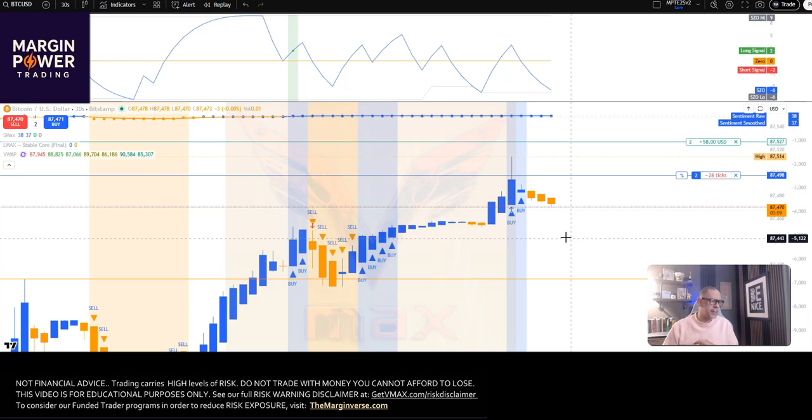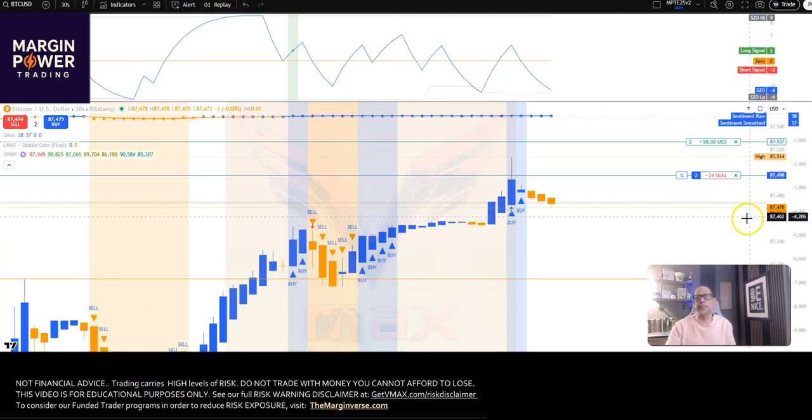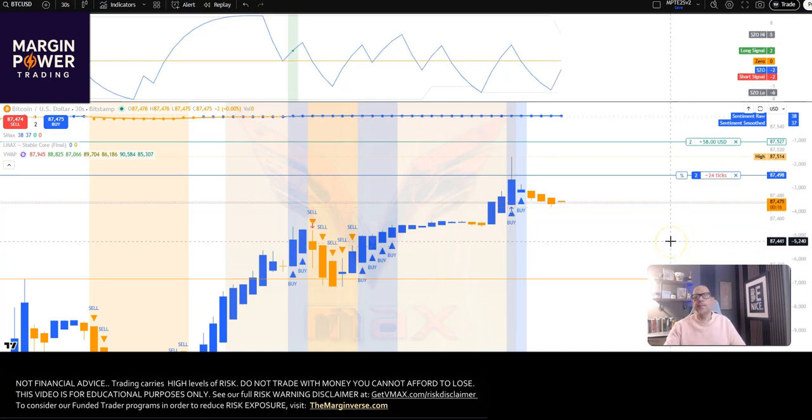All right. That's an hourly alert in Bitcoin telling me that the hourly is to the sell side, right? Now, inside of an hour, there's lots of oscillation.